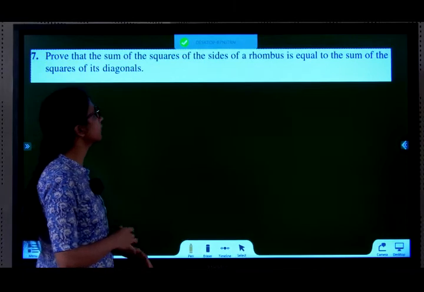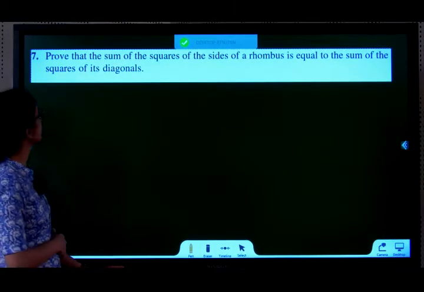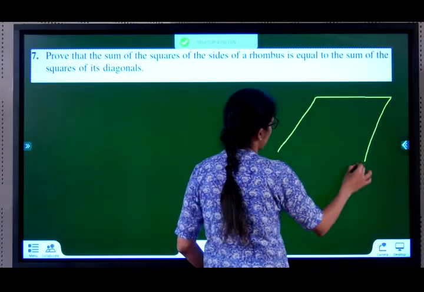Prove that the sum of the squares of the sides of a rhombus is equal to the sum of the squares of the diagonals. So, this is a rhombus.